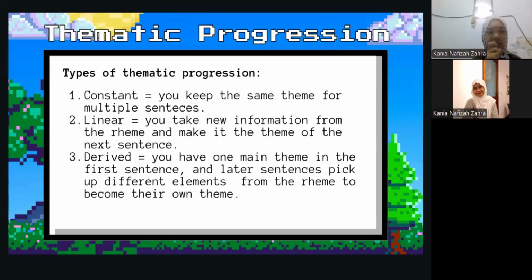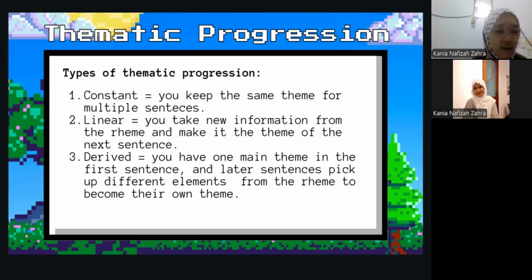The next one is linear. Here, you take new information from the rheme and make it into the theme of the next sentence. So basically, it's changing the topic, but we're actually talking about the same context. We will see the example later.